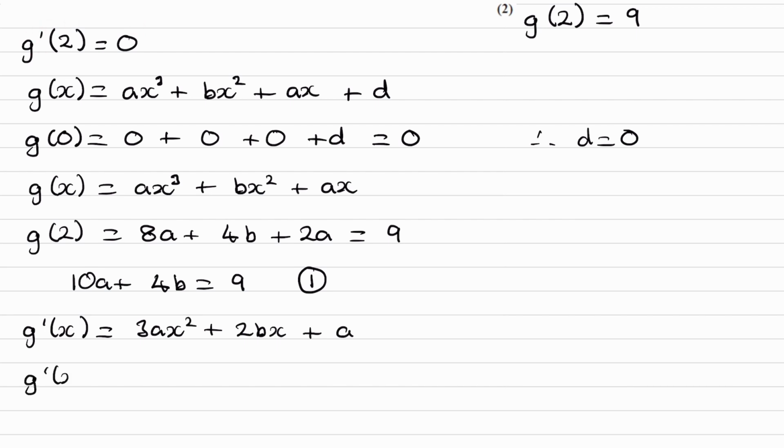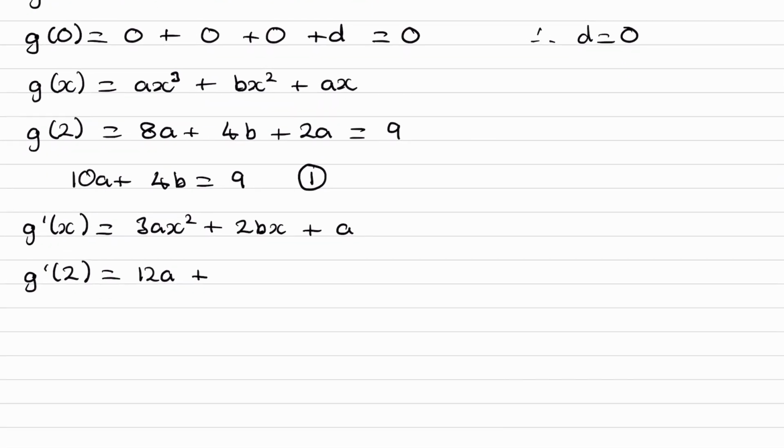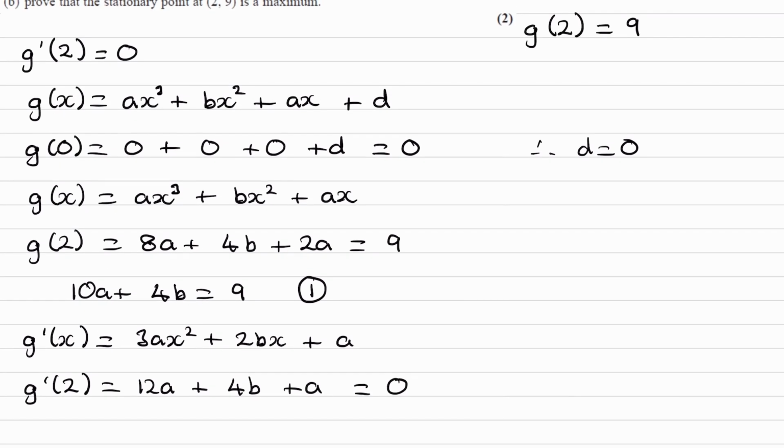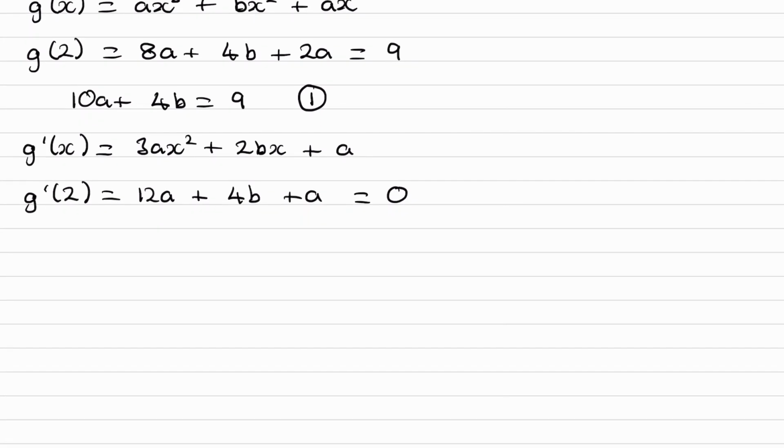So g dash of 2 is equal to 12a plus 4b plus a, replacing x with 2. And because this is a stationary point, when you put in 2, this should give you 0. So again, that's just applying this rule here. Okay, so simplify this, we end up with 13a plus 4b is equal to 0, and here is our second equation.